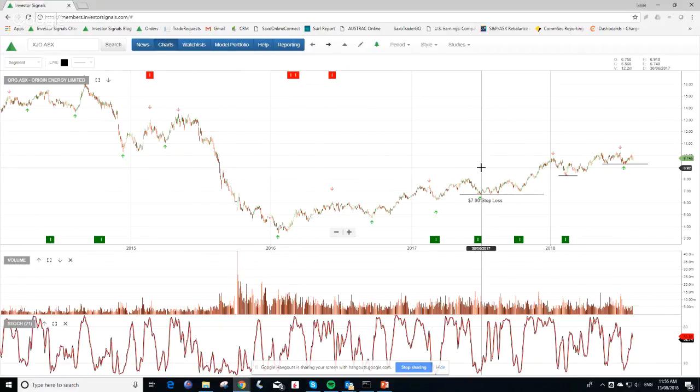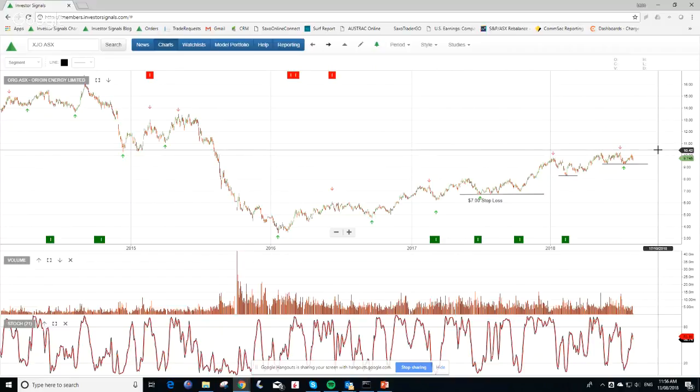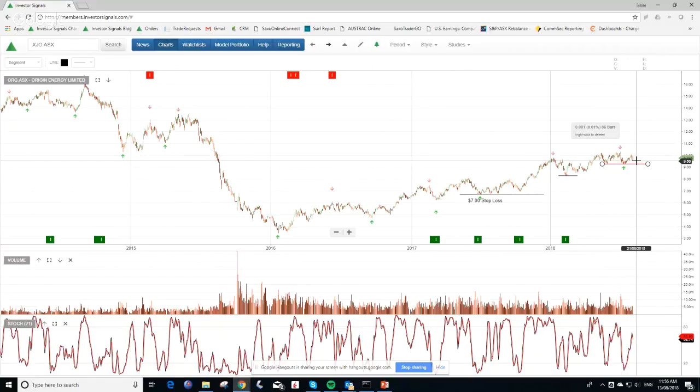So any opportunity to buy Origin on weakness, at the moment, given what we know about where earnings sit and the company reinstating their dividend, fair valuation is probably 10.50. So therefore, the view is that it probably mostly trades sideways, but certainly any opportunity to accumulate on weakness is something that we want to look at there.